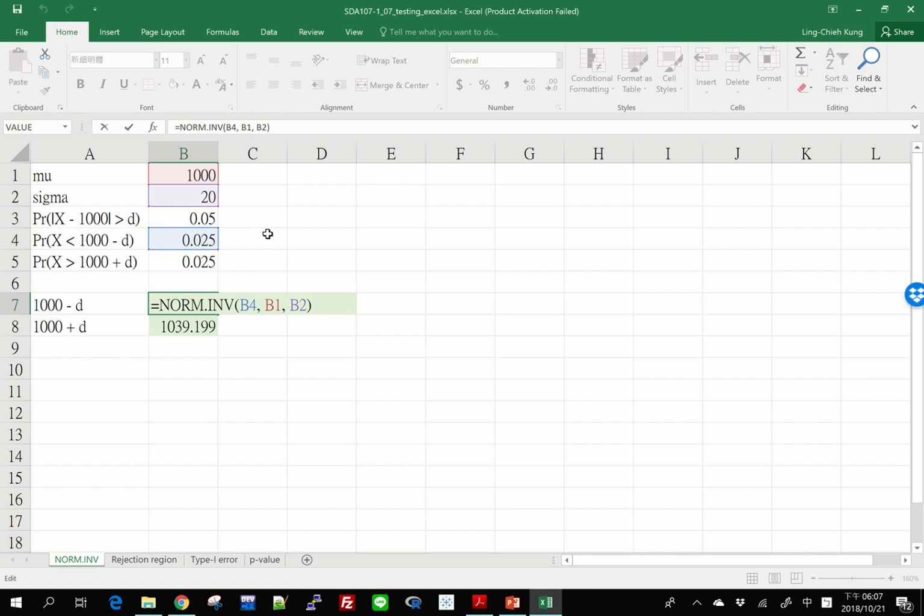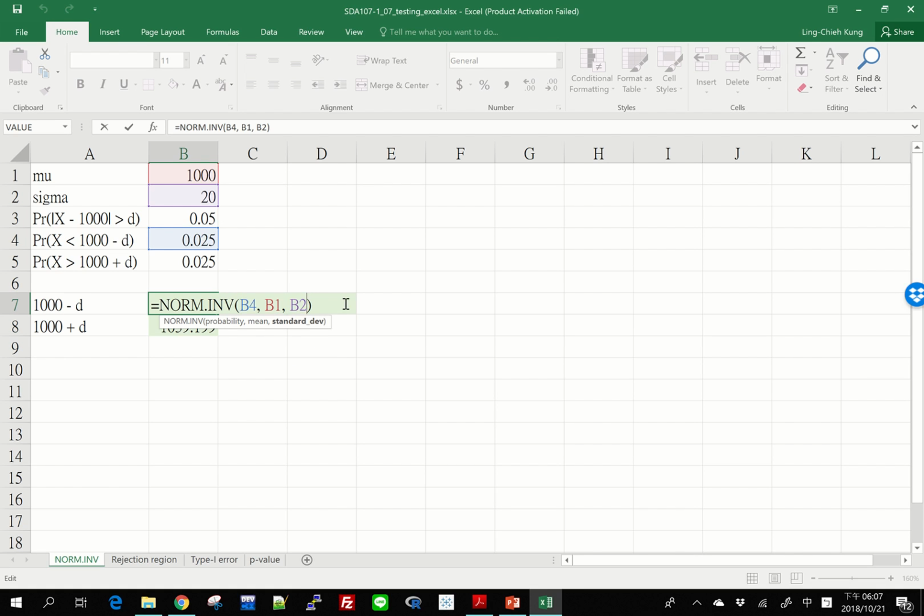In Excel, there is a function that allows us to do that. The function is called NORM.INV, normal inverse. If you give this function a left tail probability as the first argument, and you also tell it the mean and the standard deviation of that normal random variable, then it will tell you the cutoff such that the left tail probability is the probability that you want.